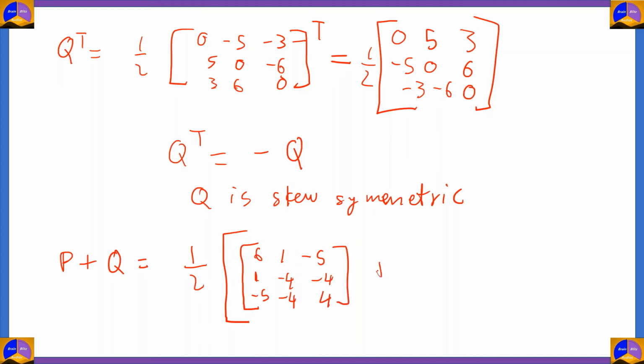And then plus Q, the matrix: 0, minus 5, minus 3, 5, 0, minus 6, 3, 6, 0.